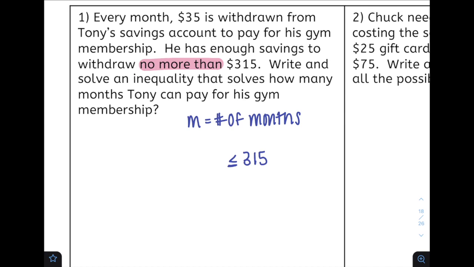He has enough savings to withdraw no more than $315. So you want to say 35M has to be less than or equal to 315. How many months can Tony pay with the $315?